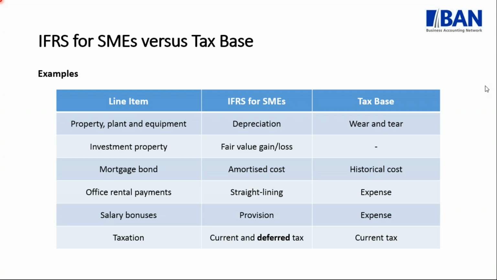However, if you look at the IFRS for SMEs framework, we talk about something called depreciation, which in essence is the same, and a lot of people use these two terms interchangeably. But depreciation under IFRS for SMEs is determined by estimating the useful life of your asset. In other words, how long can I use this asset and gain benefit from it? At what value will it be at the end of its useful life, which is its residual value?